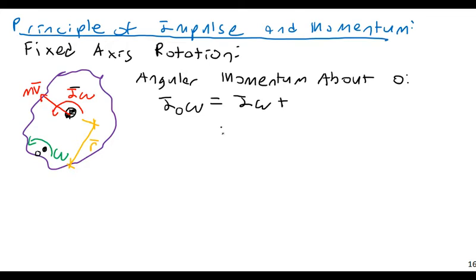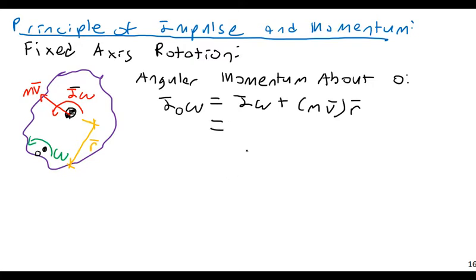Since I'm looking at this from the point of view of angular momentum, I need to transform this linear momentum into an angular momentum, and that would just be mv bar times r. I can transform a linear momentum to an angular momentum by multiplying by the moment arm, which in this case would be r bar.